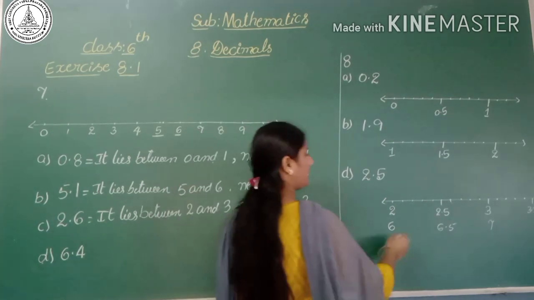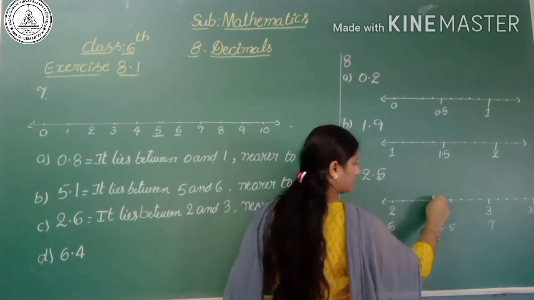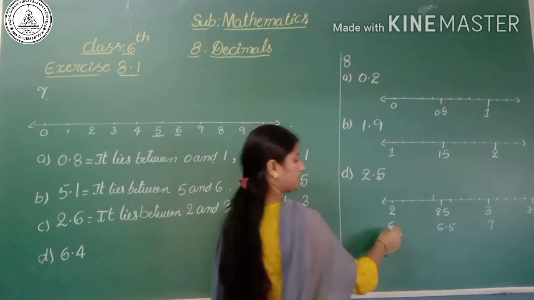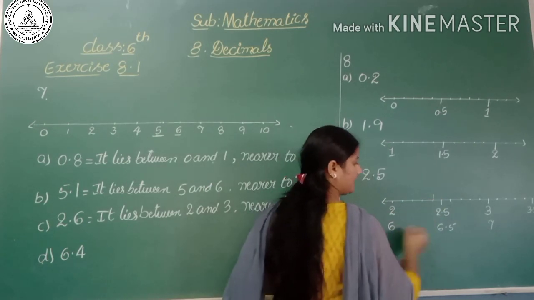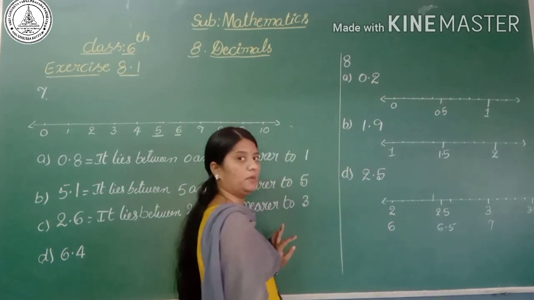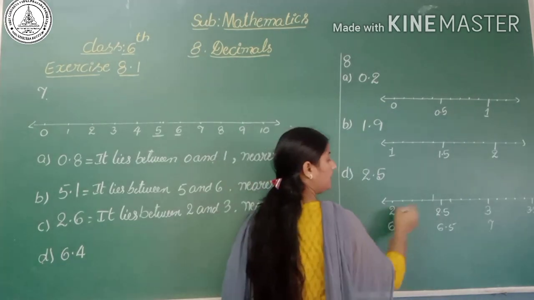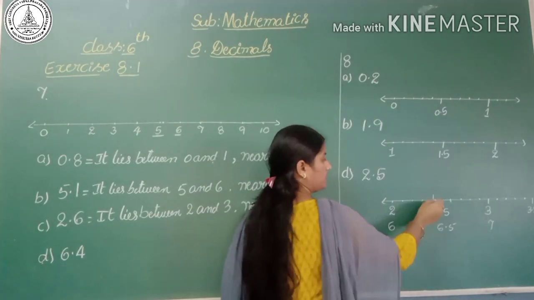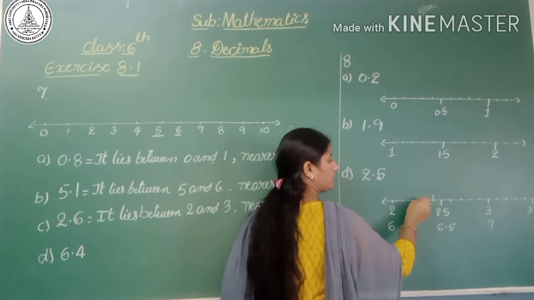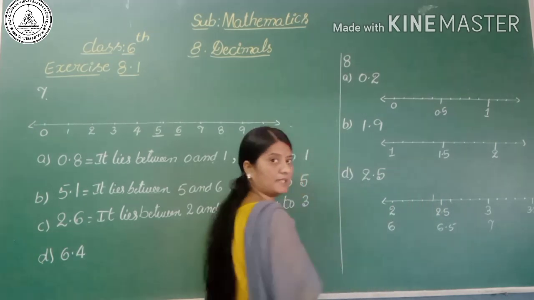Okay, so we will mark here 6.4. So 6.4 lies between 6 and 7, two whole numbers, and it is near to the 6. It is only 4 steps nearer to the 6.